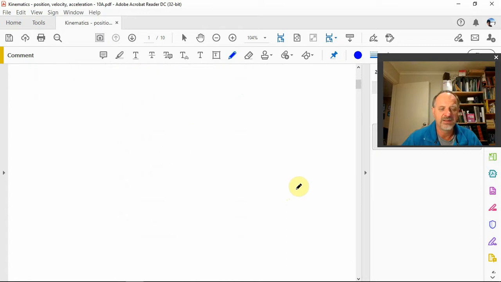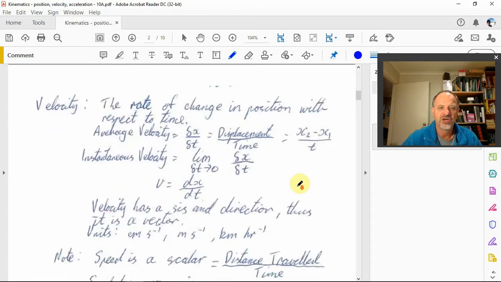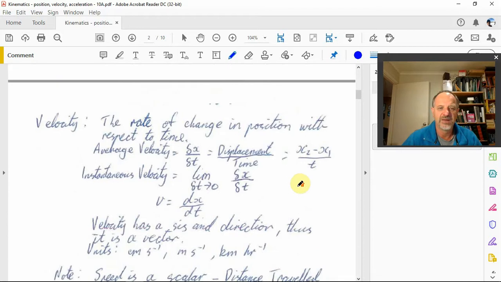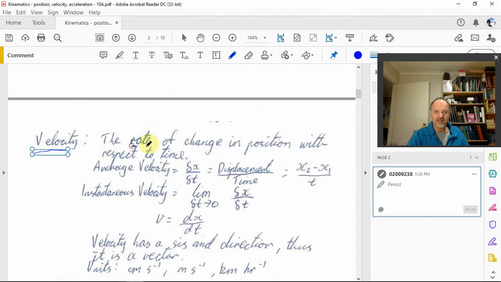Then the next thing we look at here is velocity. Here's a few things about velocity. Velocity is the rate of change in position, so change with respect to time. Time is what we're looking at.